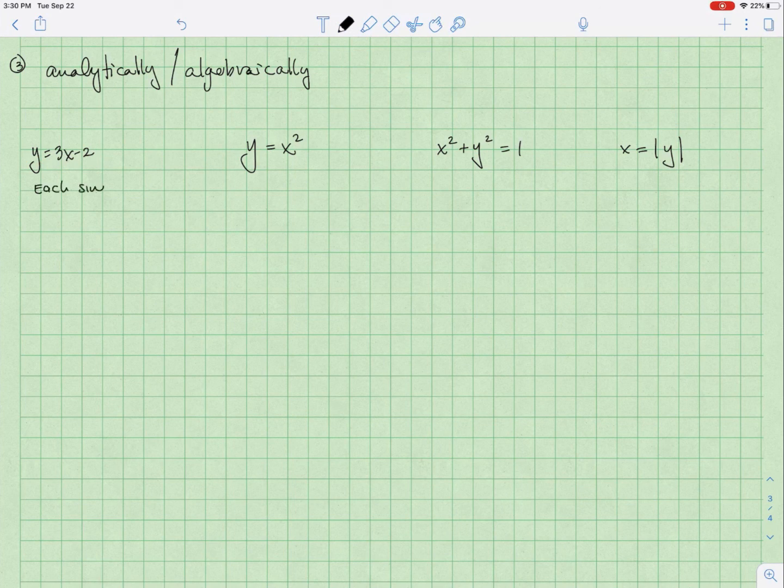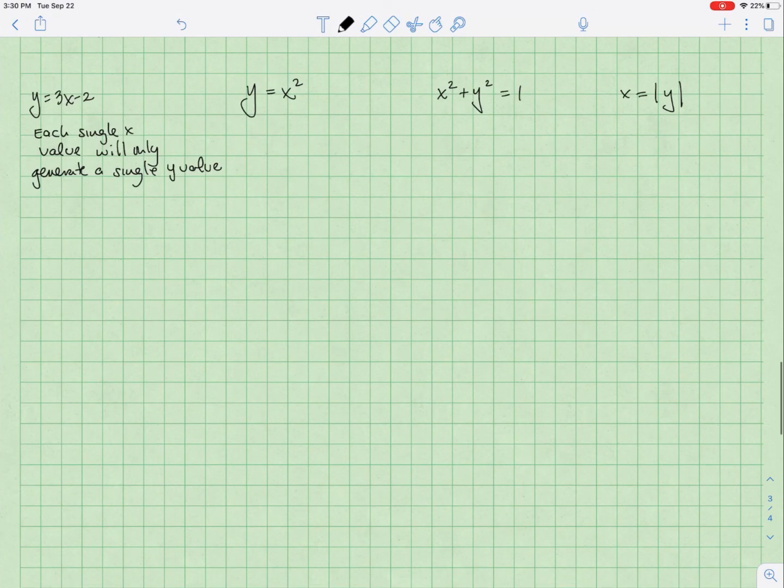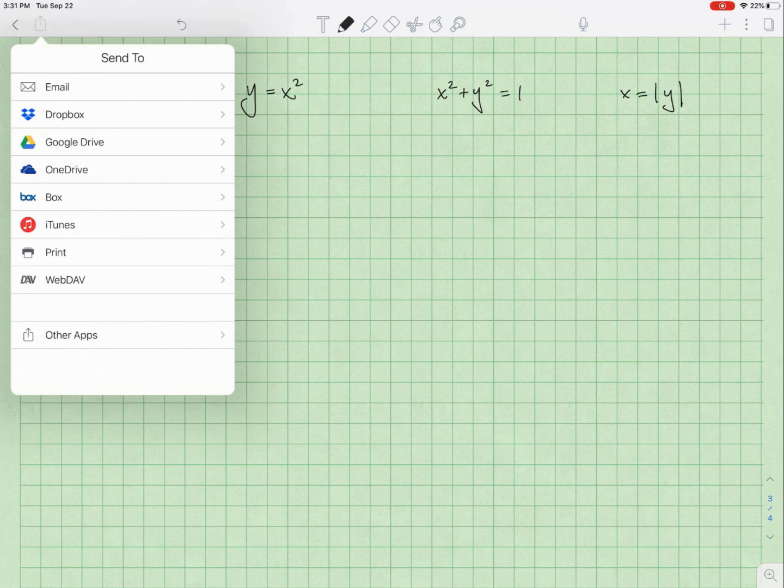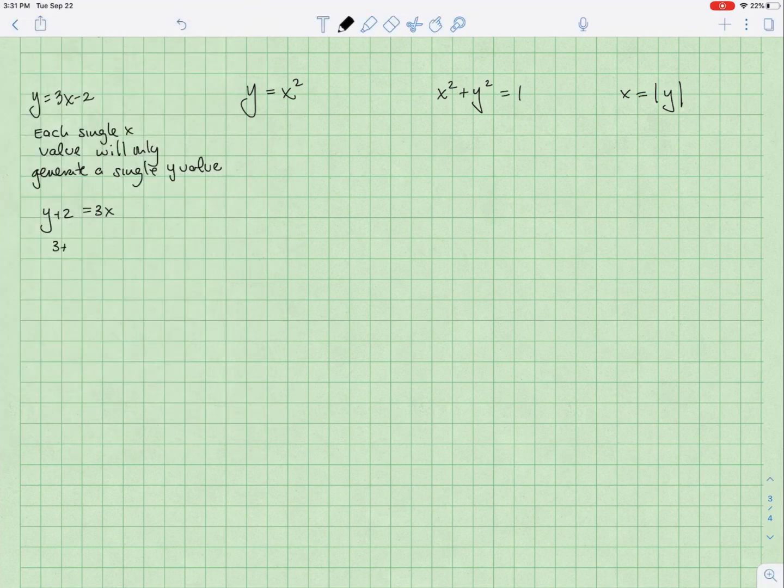That is to say, each single x value will only generate a single y value here. And if we solve this for x, if we add 2 and then divide by 3, then we can see that the same thing is going to happen for x.